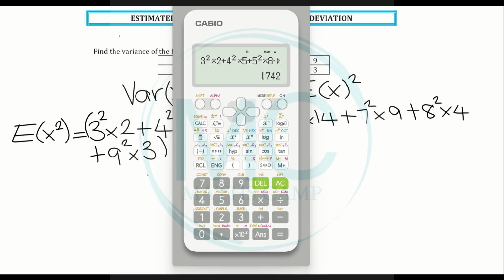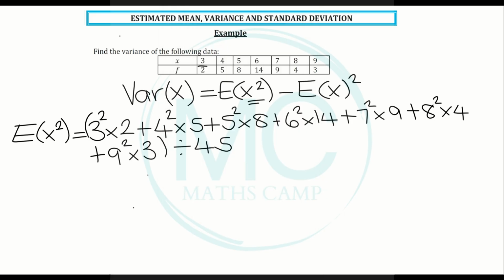Now divide this by 45 is equal to 1,742 over 45. This is our value for E(X squared). I'm going to write this as a fraction.